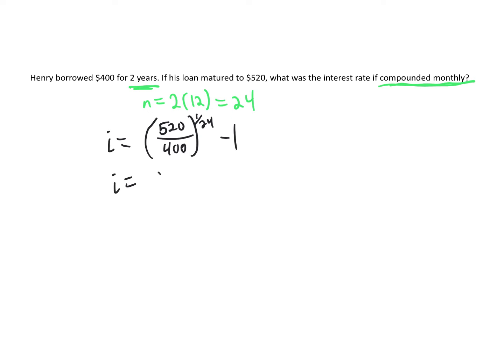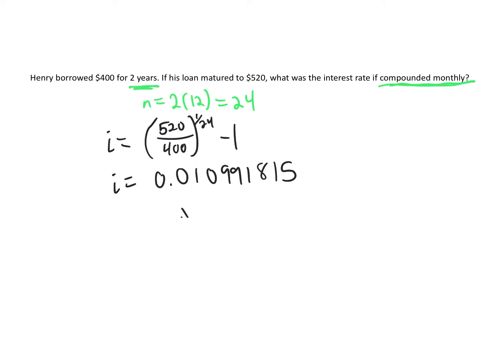Put this in your calculator, you'll get 0.010991815. Now, this is a decimal, we need to turn it into a percent, and this is technically the periodic rate, which is the rate per month. We need to know the rate, the nominal rate.